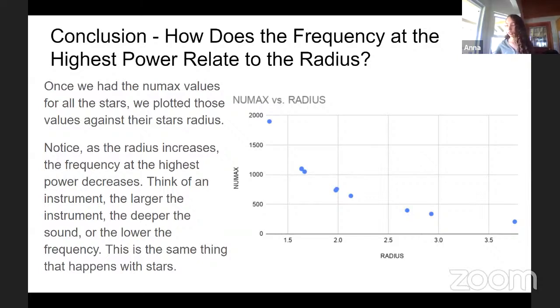On the right is a chart that has a downward curve to it. And so if you notice, as the radius increases, the frequency at the highest power decreases. So if you relate it to an instrument, the larger the instrument, the deeper the sound, or the lower the frequency. It's the same with stars.